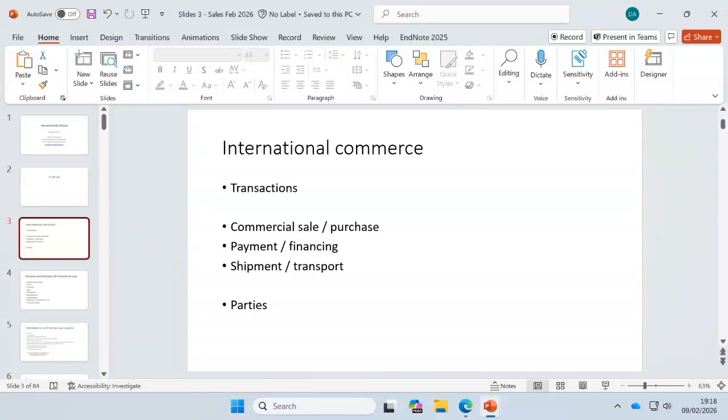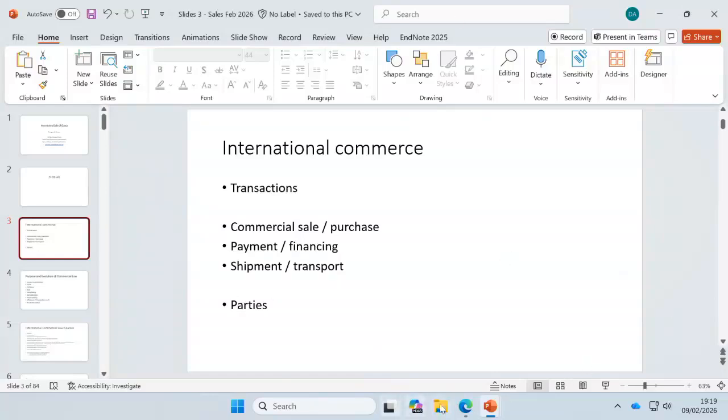But what the contract doesn't lay out is necessarily the mechanism whereby the payments take place, the shipping and transport takes place, or if there is financing, the mechanisms by which that takes place.